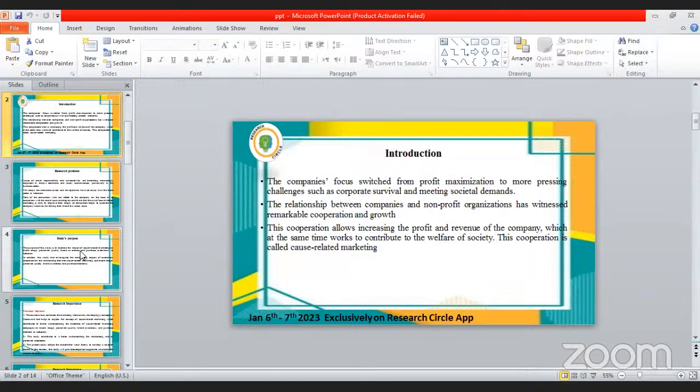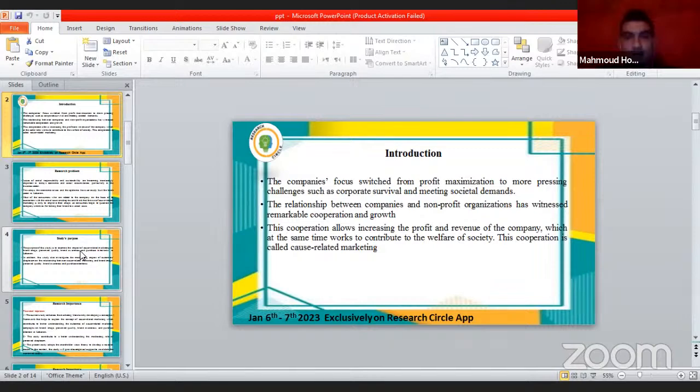Now, there are 3 bullets you have used here, some statements you have mentioned here. Are these your own statements? No, they are not my own statements. They were taken from previous studies.